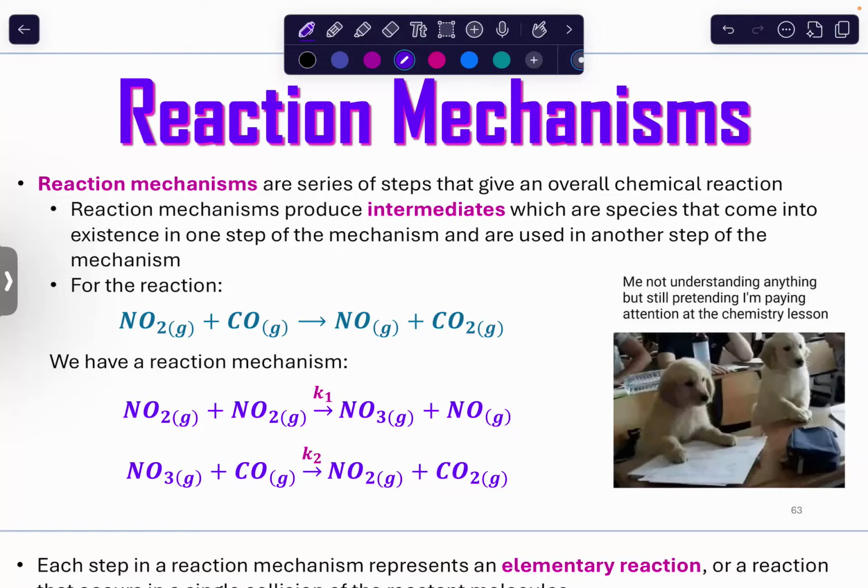In that reaction mechanism, what's the intermediate? NO3, because intermediates have to be created and then used during the process. You notice that NO3 is not one of the original reactants.